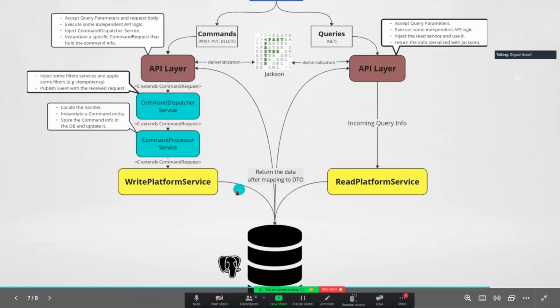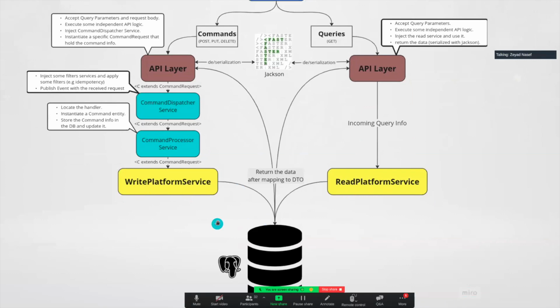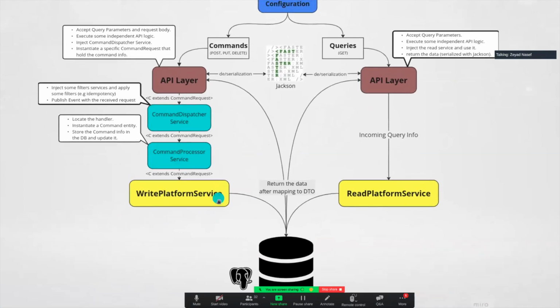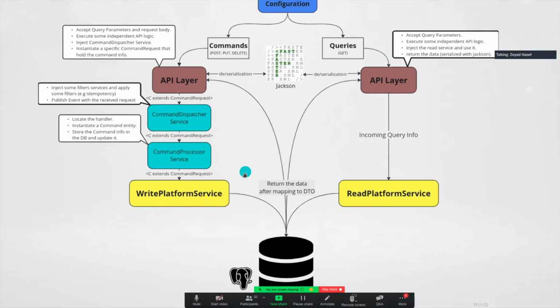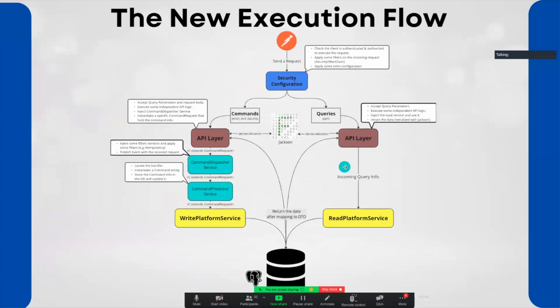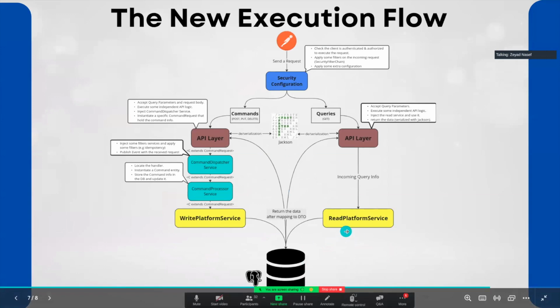Also, for services like the write service and read service, there are some enhancements in the logic itself, rewriting it to avoid some headaches we had on the database, and some general improvements at the implementation level. I think that's all related to the new execution flow.